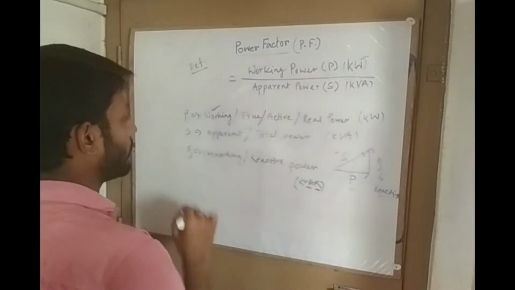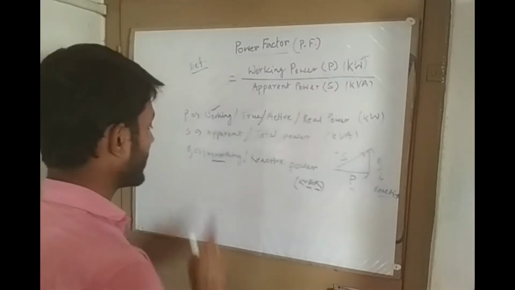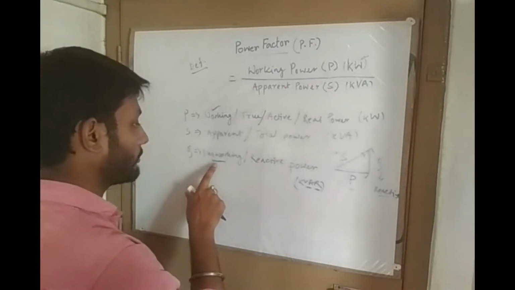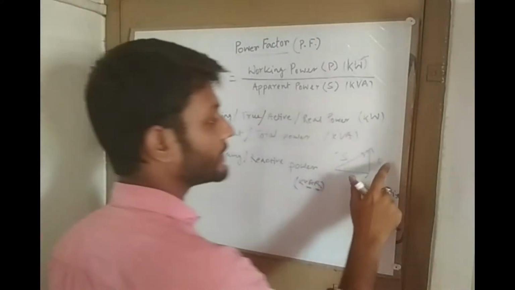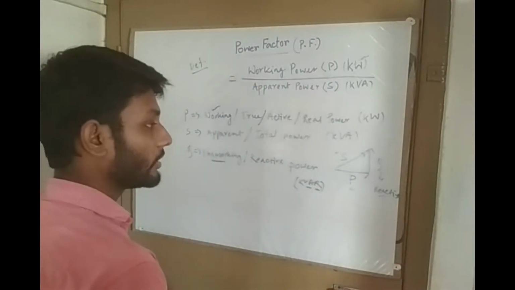P is working power and Q is non-working power. It is called non-working power, but in a circuit this Q has an important role.